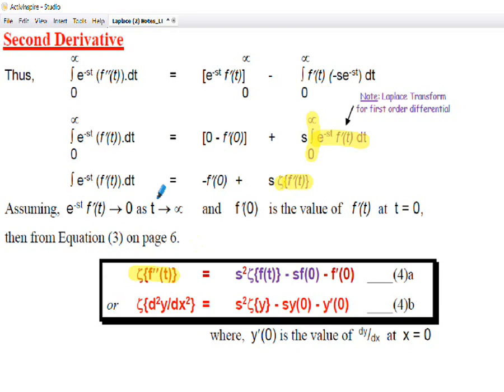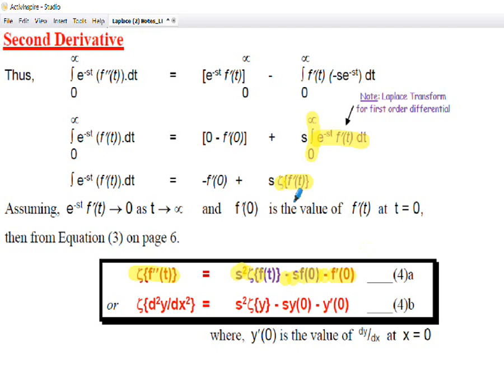Laplace transform of the second derivative of the function of t is equal to s squared times the Laplace transform of the function of t, take away s times the value of the function of t when t is equal to 0, take away the value of the first order derivative when t is equal to 0.